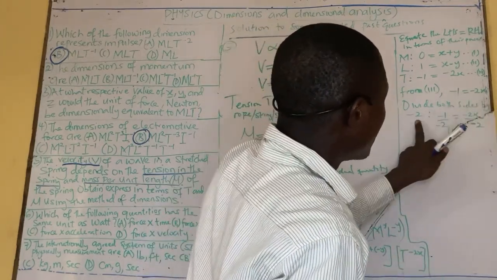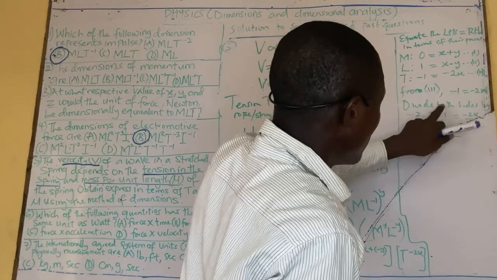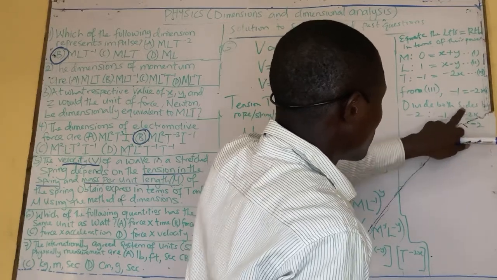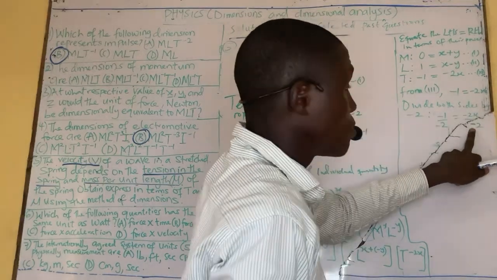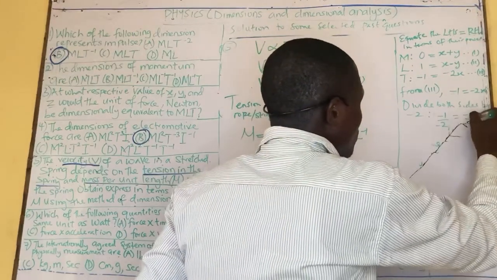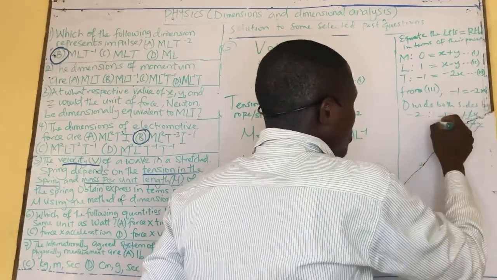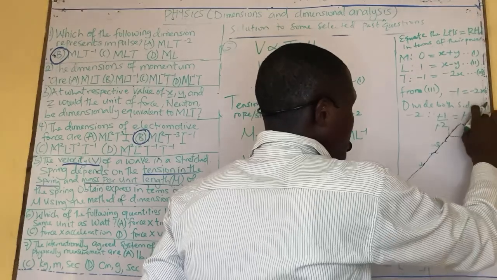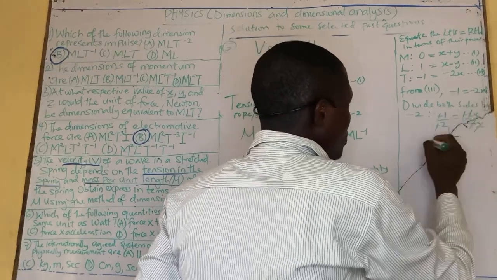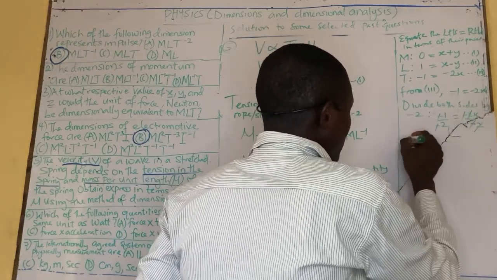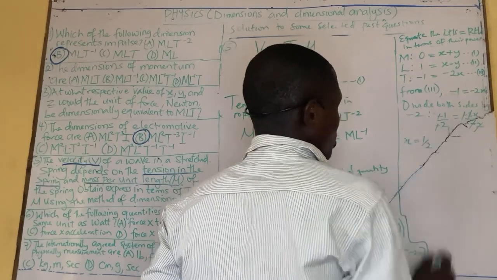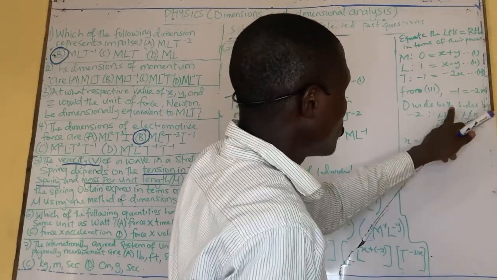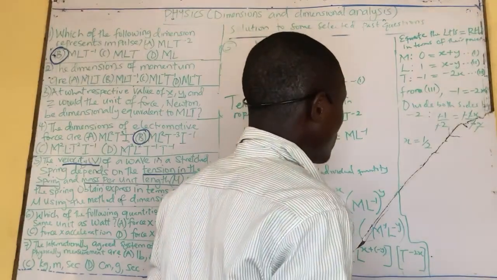Divide both sides by minus 2. So minus 2 cancels minus 2, minus cancels minus. We have x here equal to 1 over 2. So therefore x is equal to 1 over 2. So that's how we get x equal to 1 over 2.